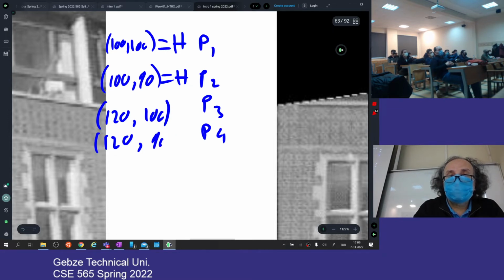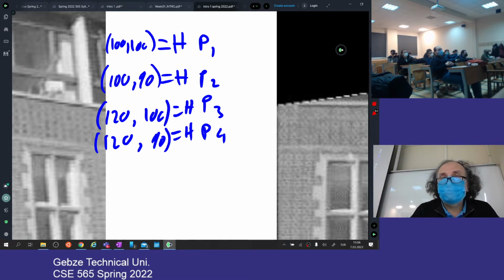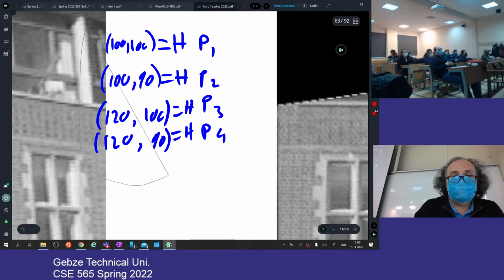Is this 8 degrees of freedom? Yes, H is always 8 degrees of freedom. So how many numbers are there in H? There are 9 numbers, but it looks like I made a mistake in there. Maybe I should have done it this way.